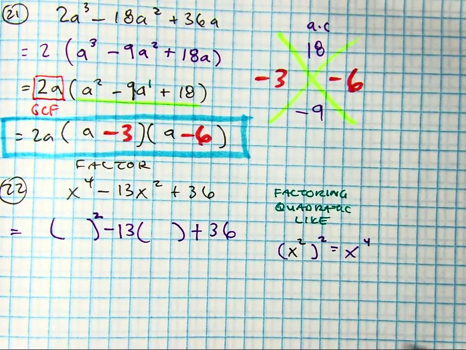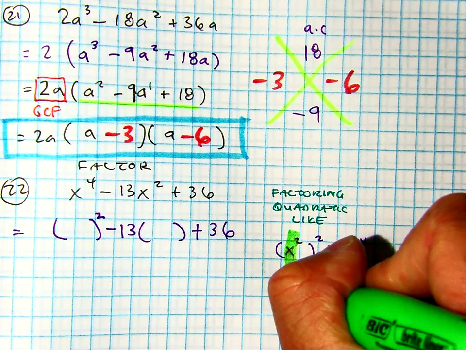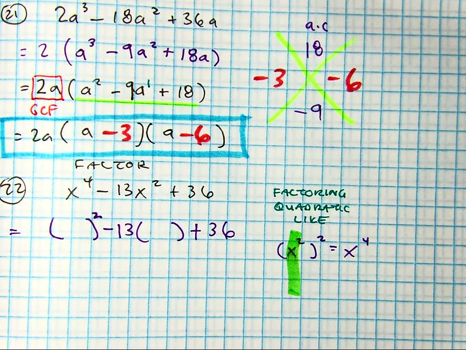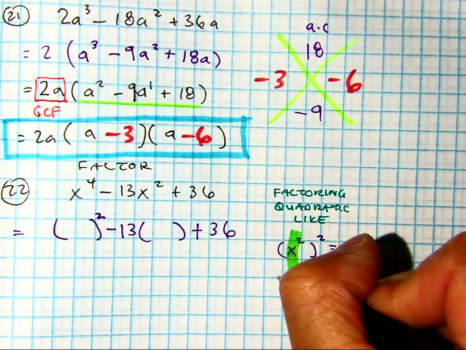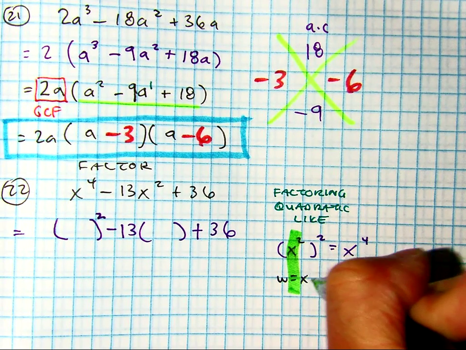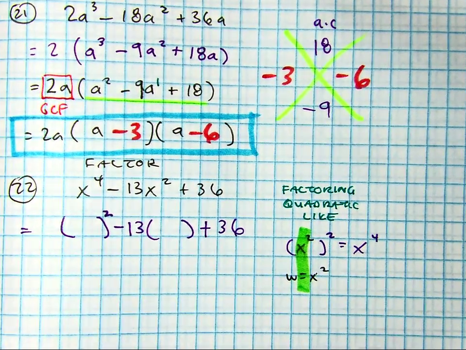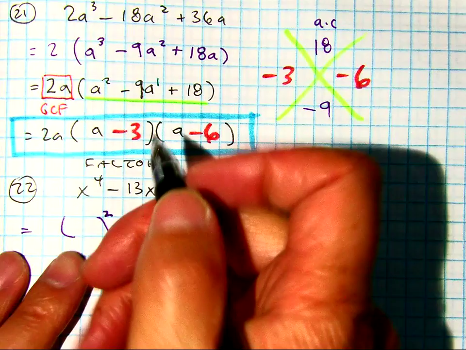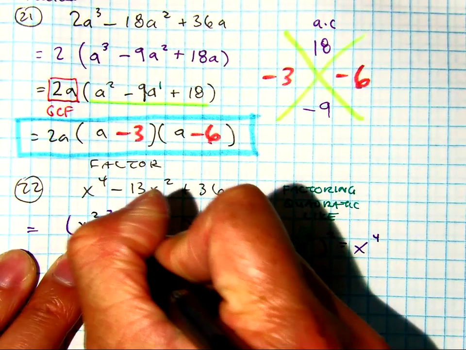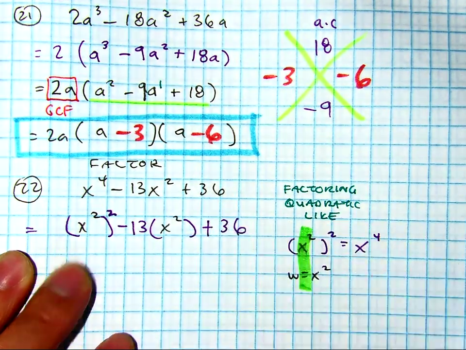Someone pick their favorite letter of the alphabet? I was just thinking that. No, seriously. W equals x squared. So instead of writing x squared, look, this is like x squared squared, right? Do you see that?